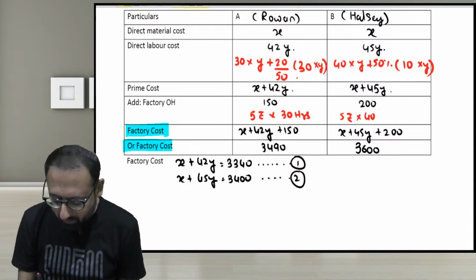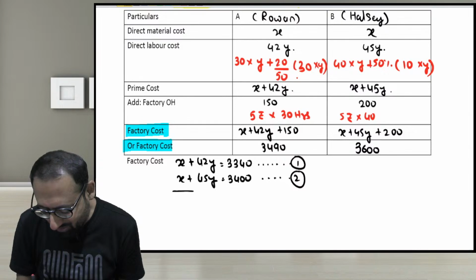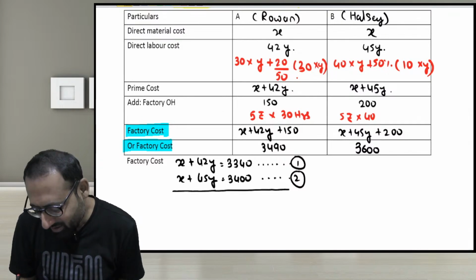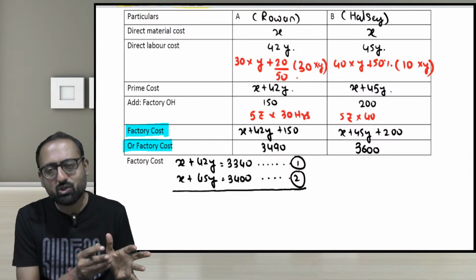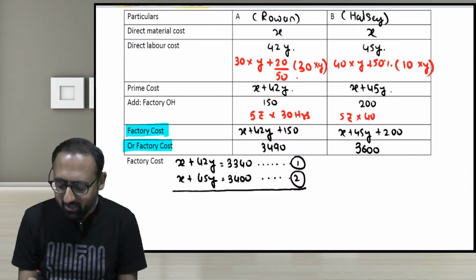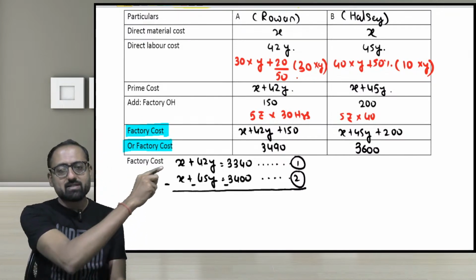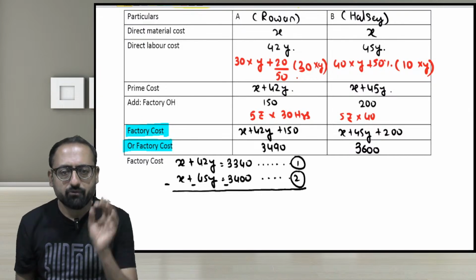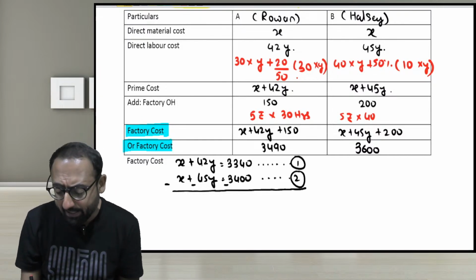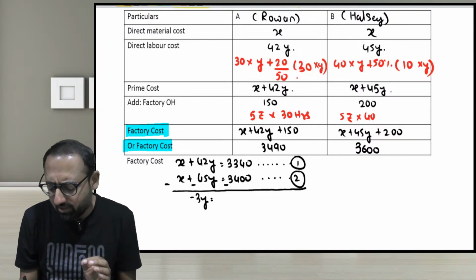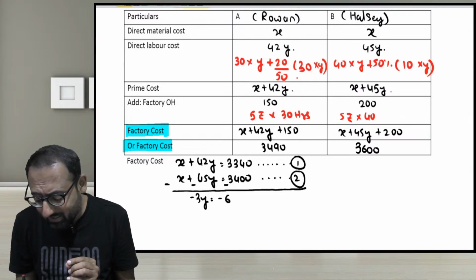Right, now you are a very clever student. You know how to solve these two simultaneous equations. So equation 1 minus equation number 2, x minus x will get cancelled. 42y minus 45y will be minus 3y is equal to, is it minus 60?